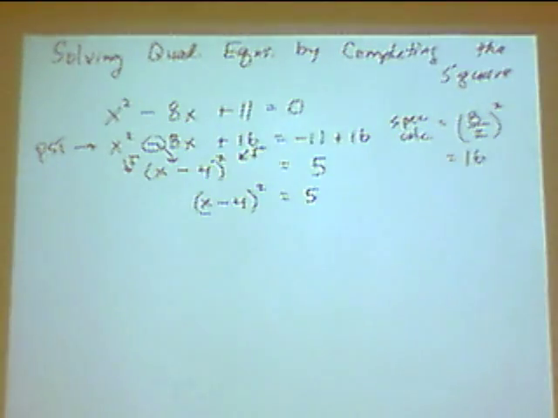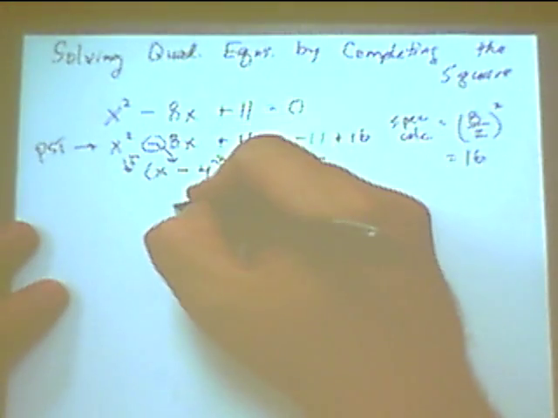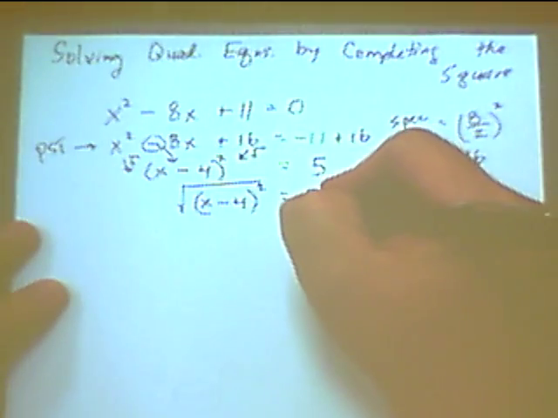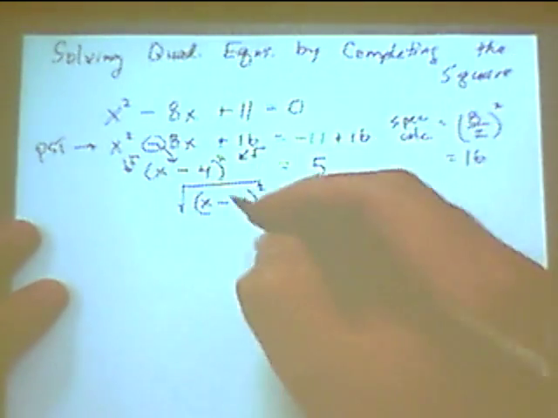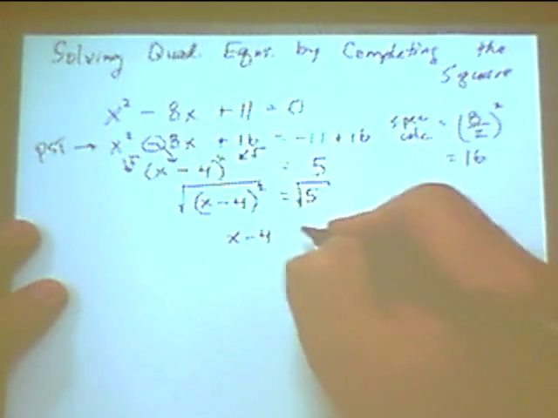equals 5. Once again, the reason completing the square works is that this special calculation will always cause the trinomial to be a perfect square trinomial, so once factored it's always going to look something like this. At this point we can use the square root property, which means we simply take the square root of both sides, because the square root of x minus 4 squared just equals x minus 4.